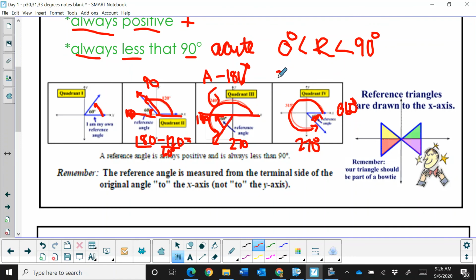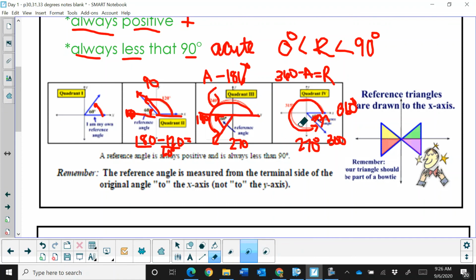We're going to take 360 and we're going to subtract the angle that we're given, and that is going to give us our reference angle. So let's say that our angle is 300. That falls between 270 and 360. If we take 360 and we subtract 300, we get a 60-degree reference angle.